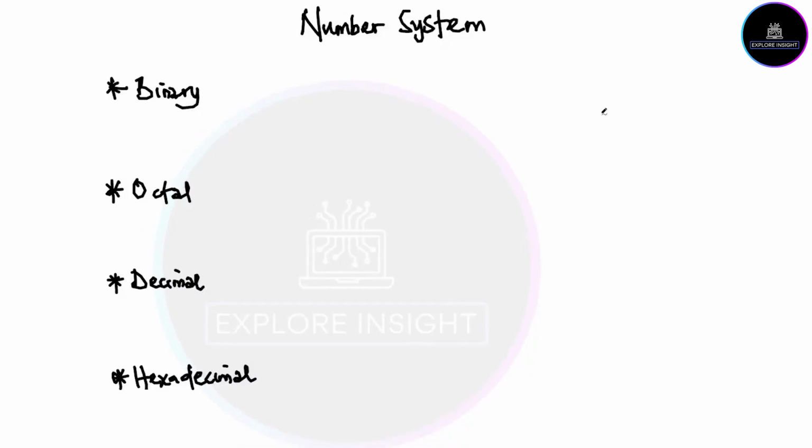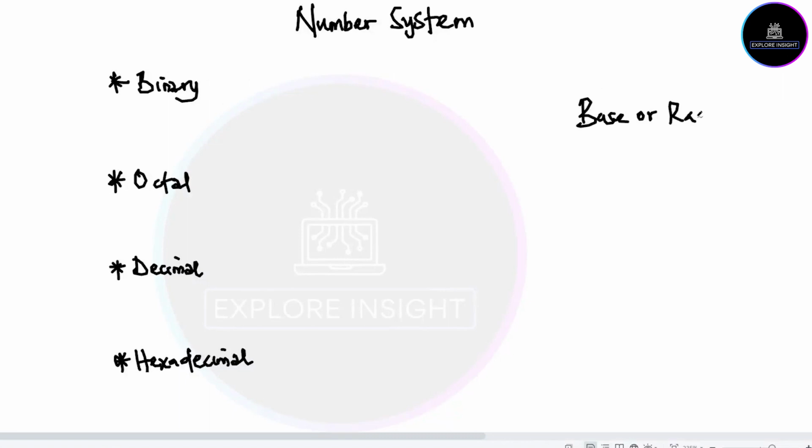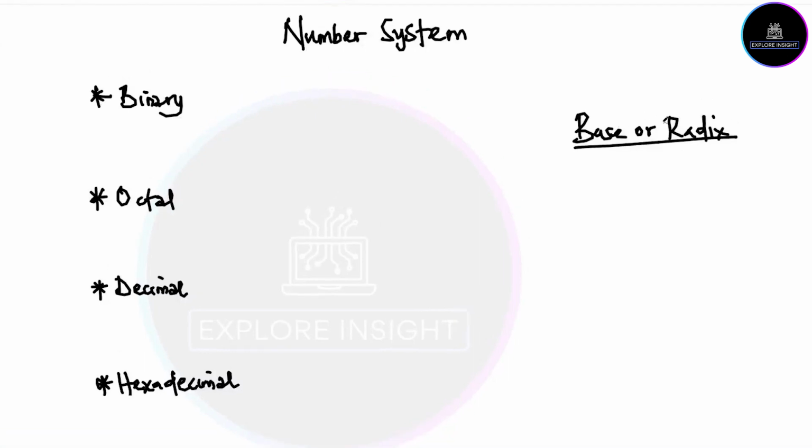Next, I'd like to talk about the base or radix of a number system. It's important for us to know this because it simply represents the number of independent digits, including the digit zero, which is used to represent numbers in a positional numeral system. It is important to know the formula of a radix.